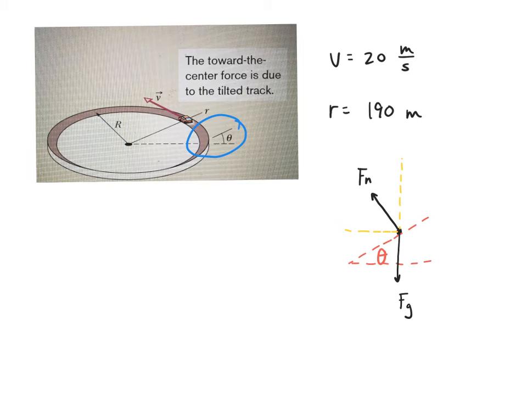Because I know this is 20, that's 70. These add up to 90, which makes that 20. These add up to 90, which makes that 70. These add up to 90, which makes that back to 20. You see how I'm working my way around? So the angle theta in this diagram is actually also right here. So when we do this problem and we break Fn into its components, we're going to draw one of its components along the horizontal dotted yellow line.